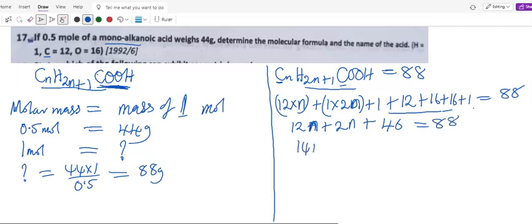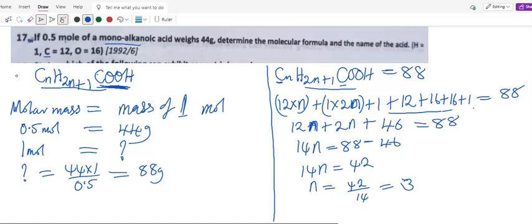Okay, 14n will give you 88 minus 46. 14n will give you 42. Then your n will give you 42 divided by 14. If you do your calculation well, you will get, I think, 3.